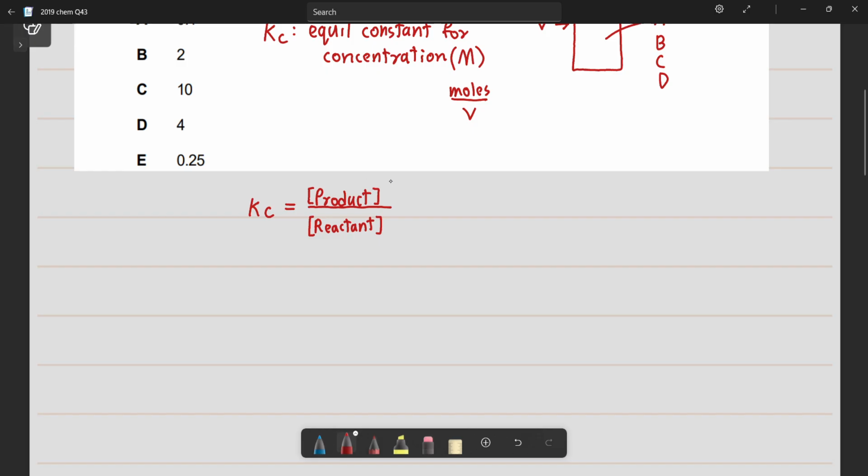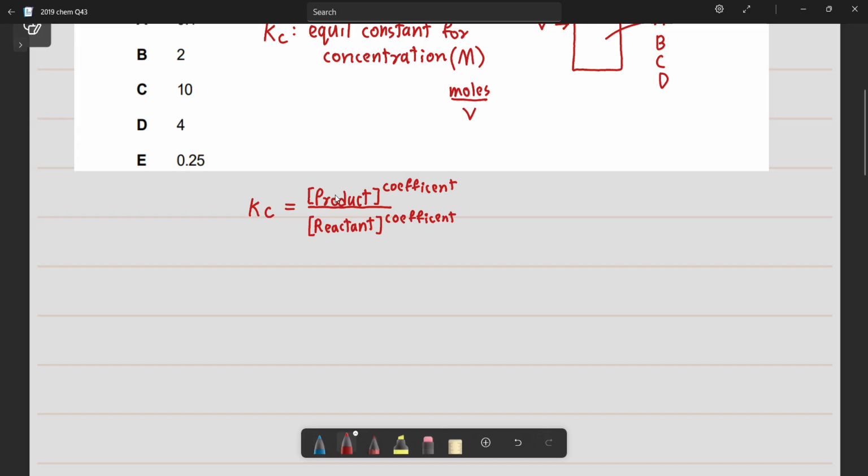And the most important thing is the power. Okay, so the coefficients. So this is a coefficient for the product and the coefficient here. Okay, now the most important thing you must know is that these coefficients represent a power.